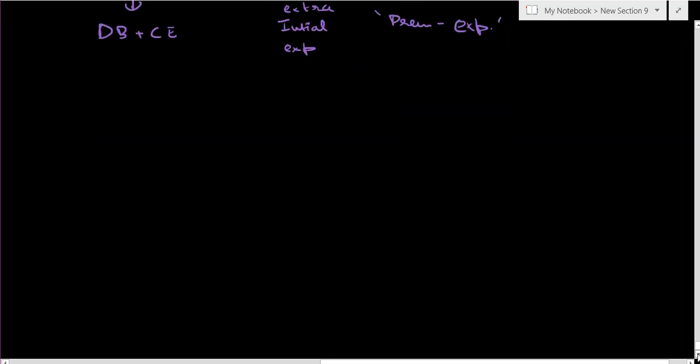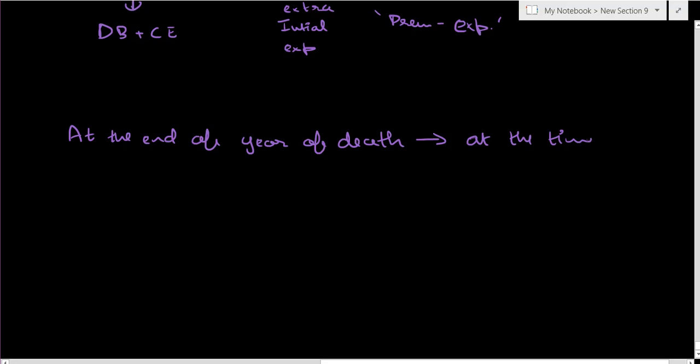So let's talk about another contract. Now let's just say instead of these benefits which were payable at the end of the year of death, now I can have benefits that are payable at the time of death, okay, immediately. So I have immediate benefits now.